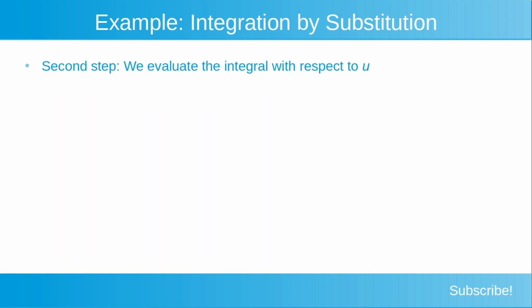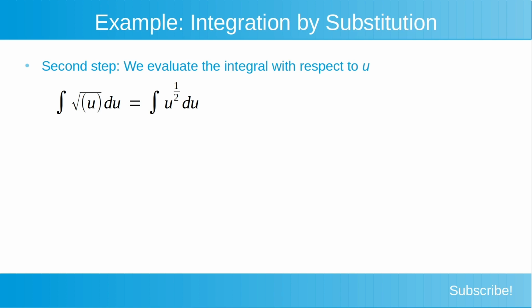For our second step, we evaluate the integral with respect to u. So far, we have the indefinite integral of the square root of u with respect to u. We can also express the square root of u as u raised to the power of 1/2. Now, when we make that change, we get the indefinite integral of u raised to the power of 1/2 with respect to u.